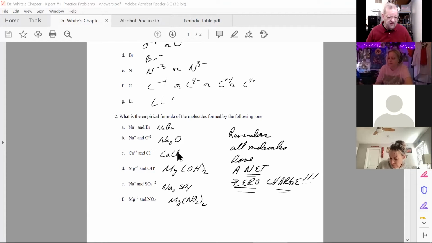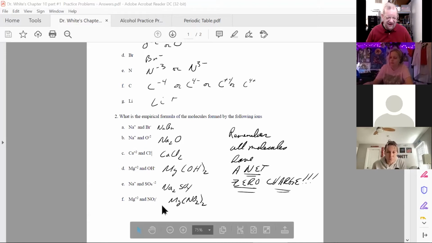If we look at sodium bromide, Na plus, Br minus, to get to 0, one of each. If we look at sodium cation, oxygen minus 2 anion, let's go to my whiteboard.